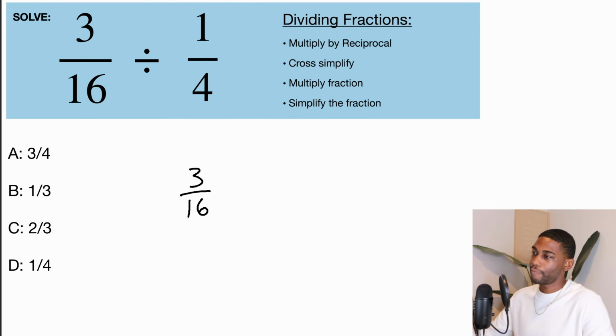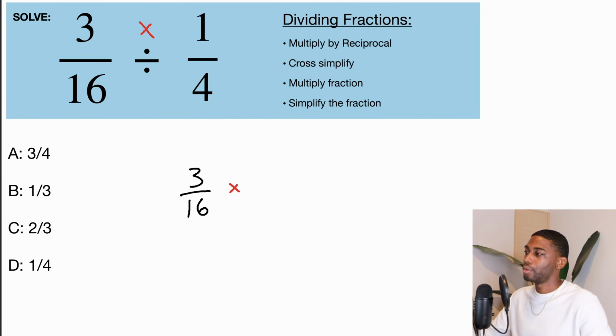And then we have to change this division sign into a multiplication sign, right? So we're actually changing division into multiplication because we can't divide fractions, right? So we have to multiply by fractions. We just went over multiplying fractions in the last section.